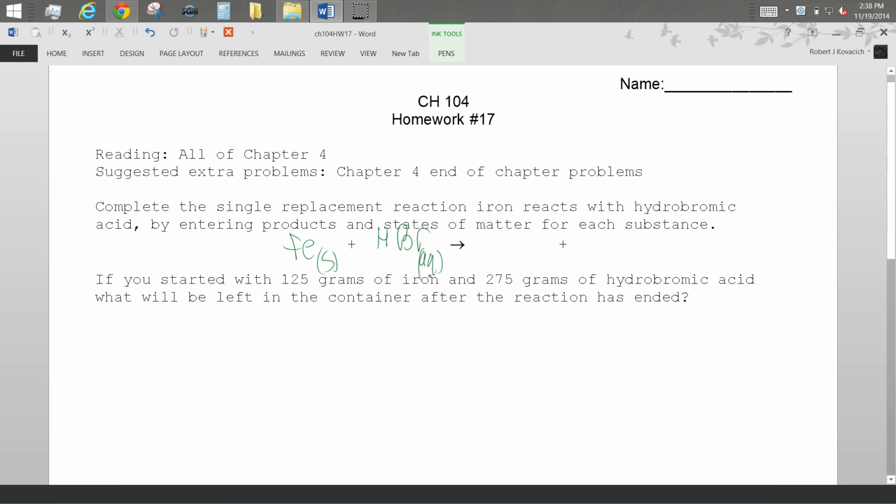And what's going to get replaced in the hydrobromic acid? The H. Why the H? Has to be the H, but why? Because it's positive. And iron is a metal. And so what are your charge possibilities for any metal? Positive or not negative?